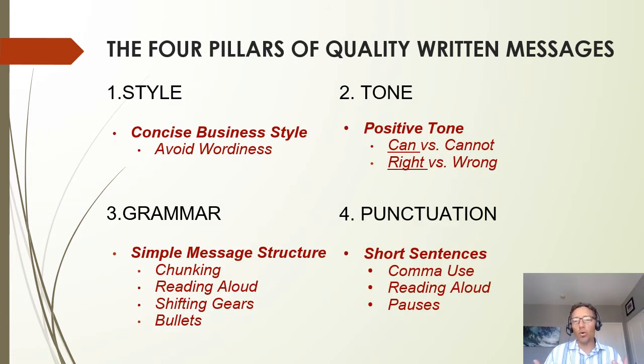So to expand more on style, your first of 4 pillars, we mentioned that we want to write with a concise business style. So business is about being efficient and yet still remaining positive. We want a concise business style, and to do that we avoid excessive wordiness. So don't be redundant in your language. Don't say visible to the naked eye.